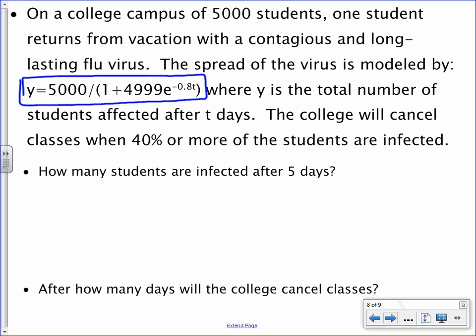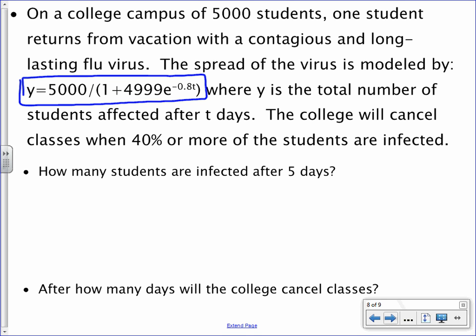Remember when we had exponents in the denominator? When we move them up to the numerator, they're positive. So it's negative because our exponent is in the denominator. Does that make sense? Notice how this 5,000 correlates to the maximum number of people that can get it? You see what I'm saying?